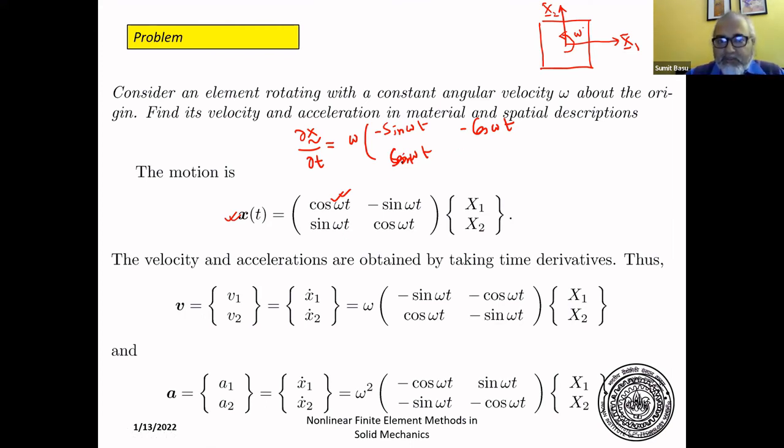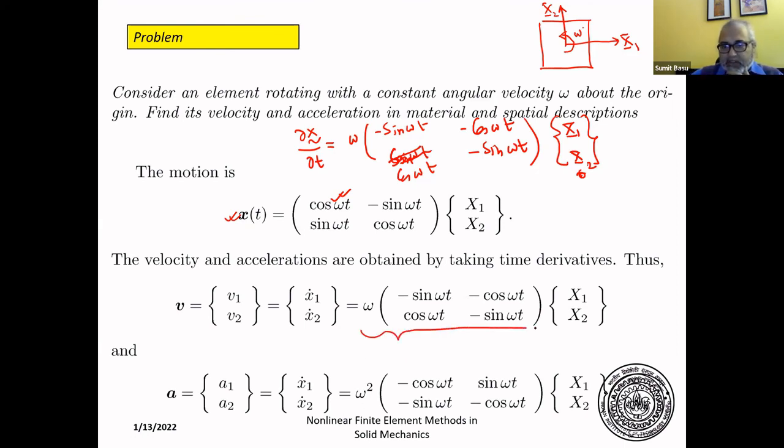Oh, I'm taking the derivative of this. This is cos omega t. That's right. And minus sine omega t, times capital X1, capital X2. Okay, so this is what I get.